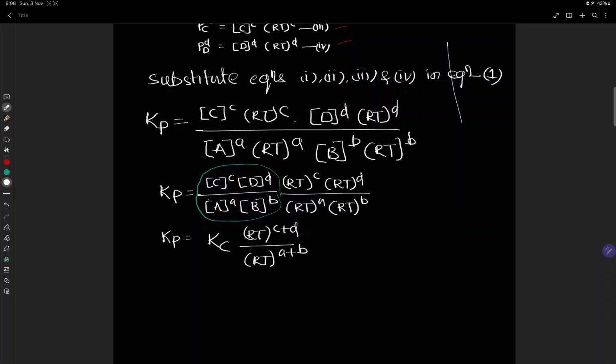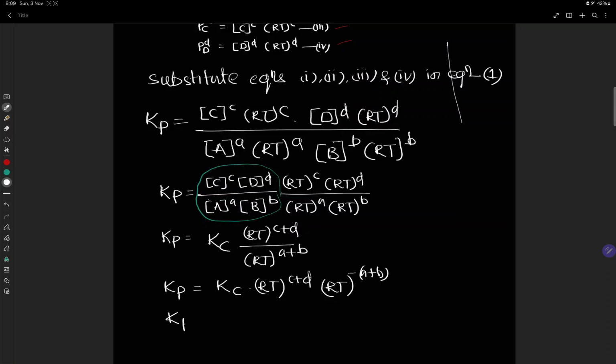If bases are same, powers should be added. Then Kp is equal to Kc into, if RT power a plus b is present in the denominator, it comes to the numerator, then what you can write, RT power c plus d and RT power minus a plus b.